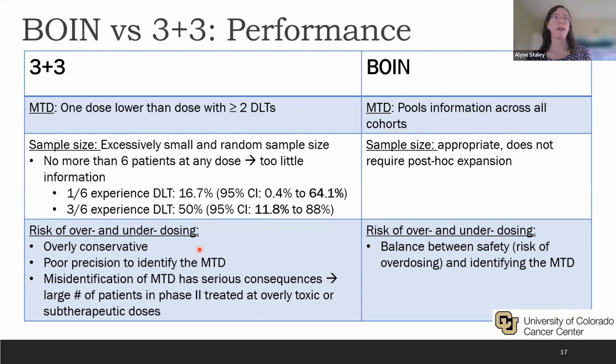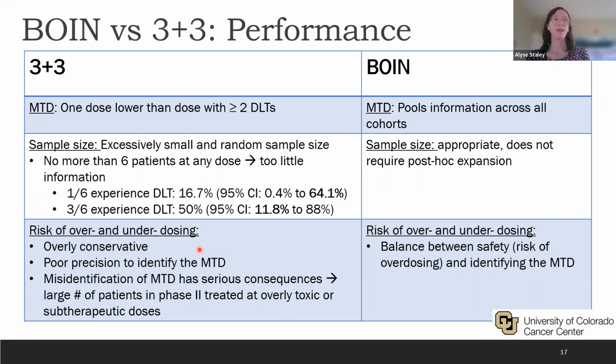Next, the 3+3 design is overly conservative in terms of dosing, which means it has poor precision in identifying the MTD. At first, conservatism in this context may seem advantageous. However, misidentification of the MTD has serious consequences when you both over and underdose. Of course, if you treat patients at an overly toxic dose, that's dangerous.